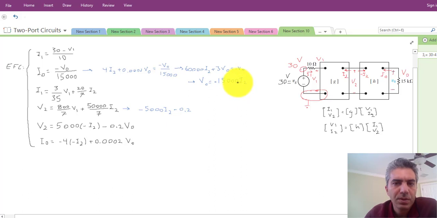I could have used that, but we're going to wait for that. Minus 0.2 V out is equal to 800 divided by 7 V1 plus 50,000 divided by 7 I2.